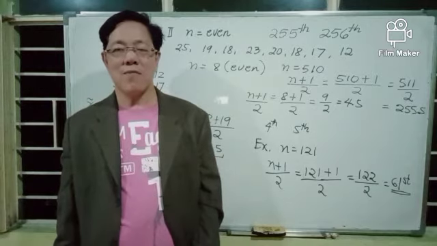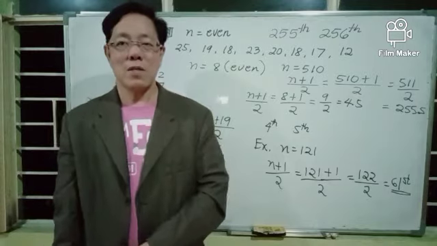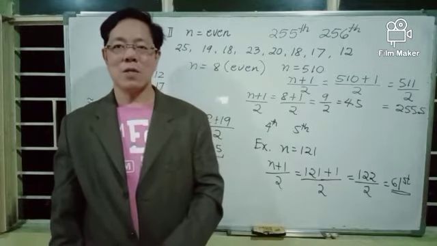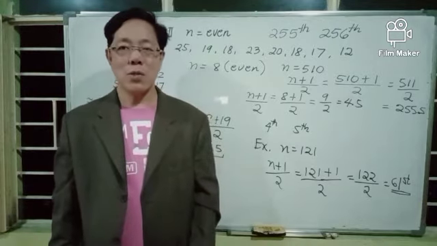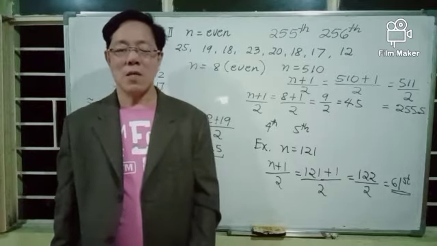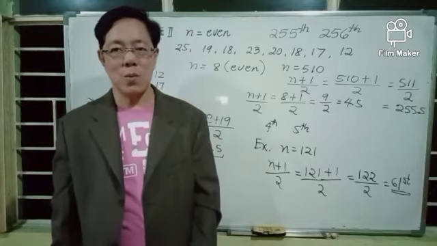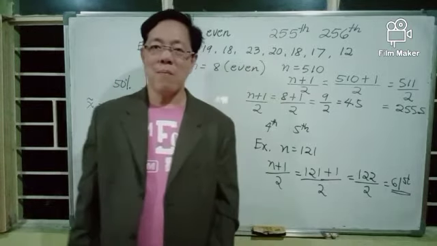For an even number of observations or values, you arrange the scores in ascending or descending order. You will find that there are two middle scores, and you can easily locate these two middle scores by computing n plus 1 divided by 2, and you will get a decimal number.